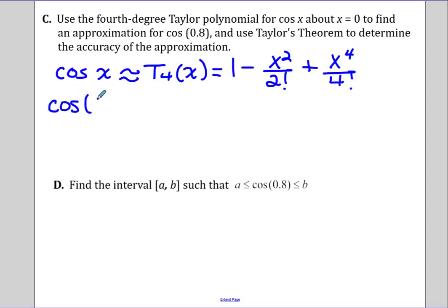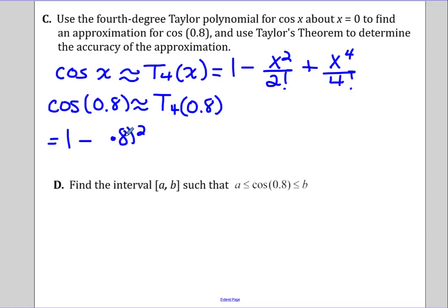And the cosine of 8/10 is approximated by the Taylor polynomial at 8/10. If we substitute there, we've got 1 minus 8/10 squared divided by 2 plus 8/10 to the fourth divided by 24.